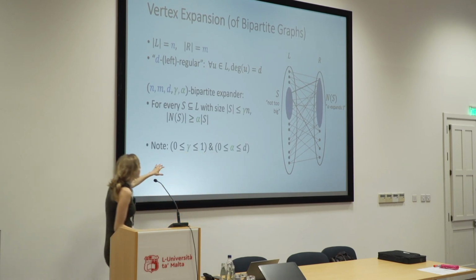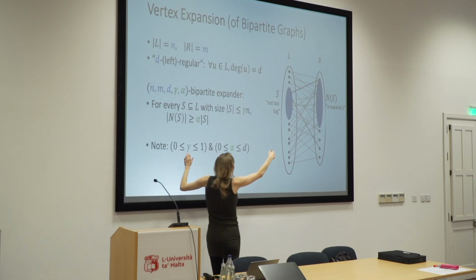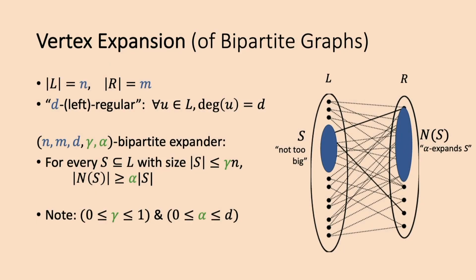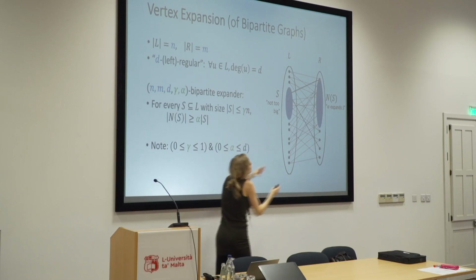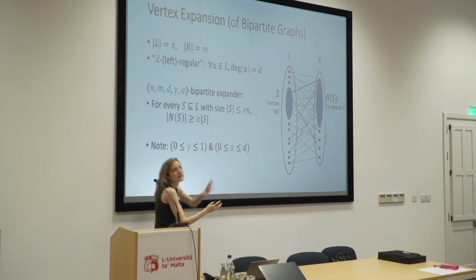Another comment. I said here gamma goes from 0 to 1, some fraction of n. And what about alpha? Alpha could be as small as 0. Actually, we know you have at least D neighbors. But I need this alpha times the size of S, so the question is, how much can we possibly expand?